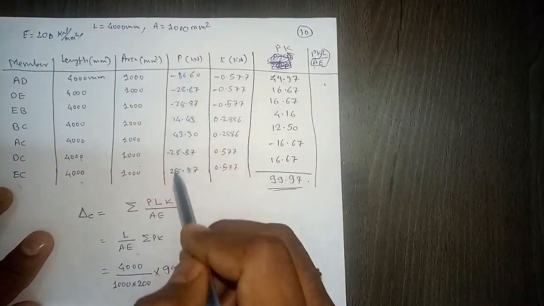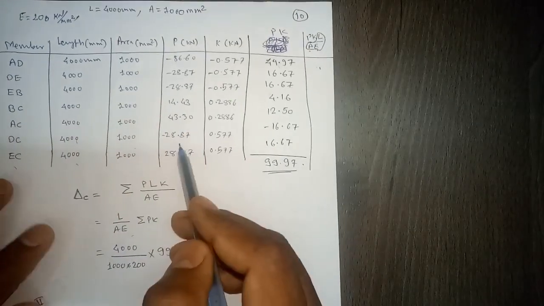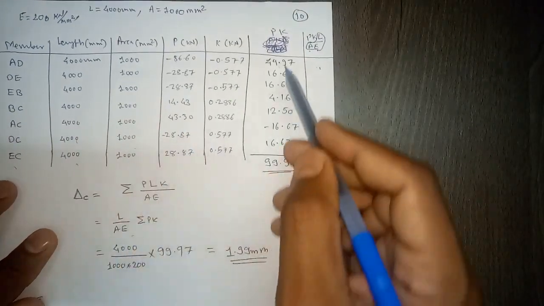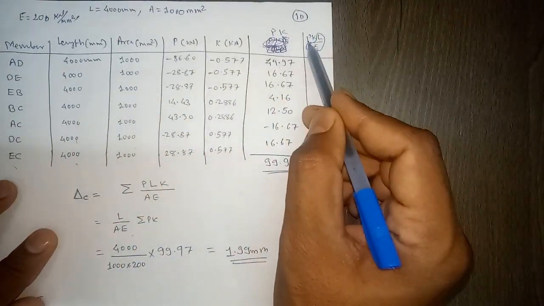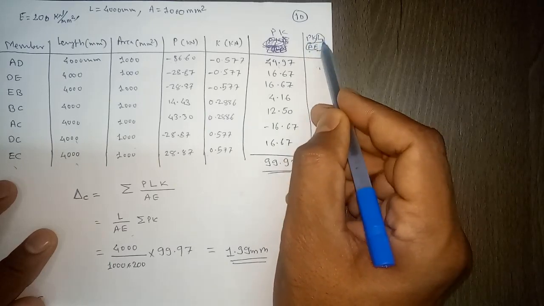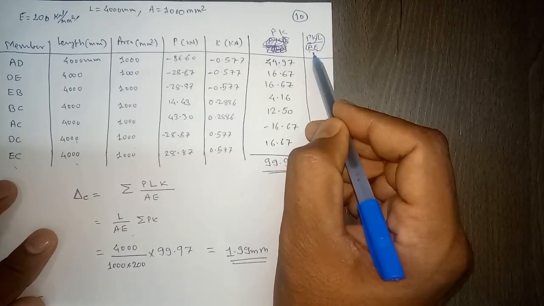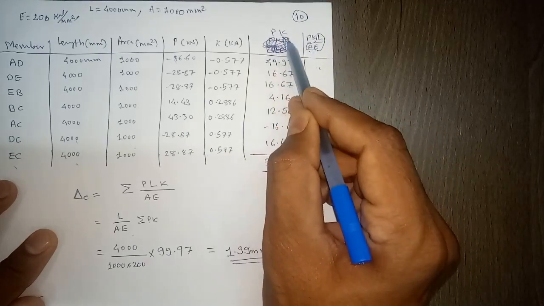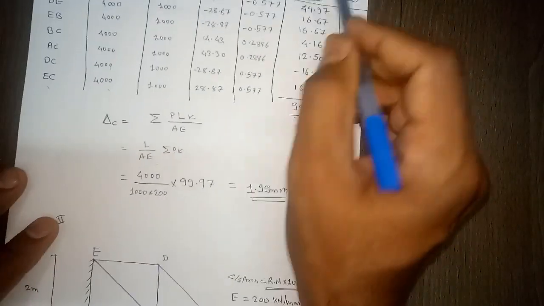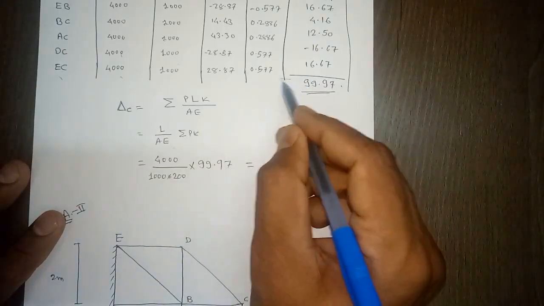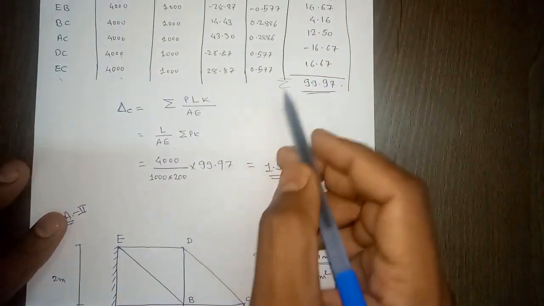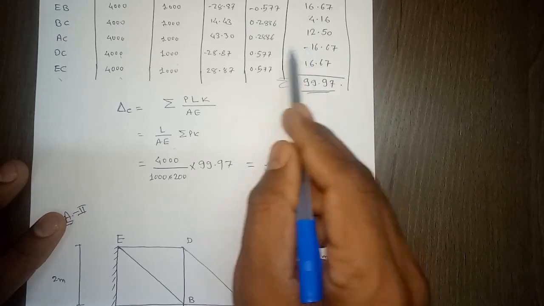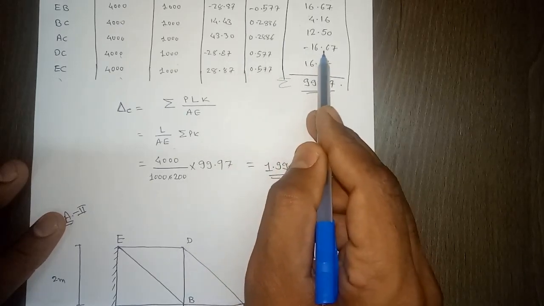So you should write down the force for each member. Once you get this P and K, substitute the values here and calculate PKL by AE. But since, again, I am telling you these three values are constant, I am calculating only P and K. You do the summation of all these values; if a value is negative, keep it negative.